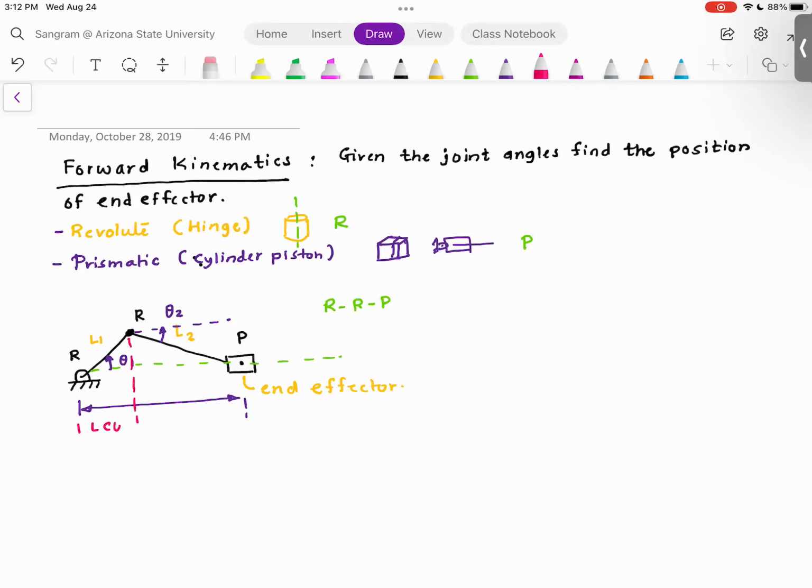So remember, C theta 1 is cosine theta 1. And this distance, actually, let me be more clear. This distance is going to be L2 cosine theta 2. So L2 cosine theta 2.